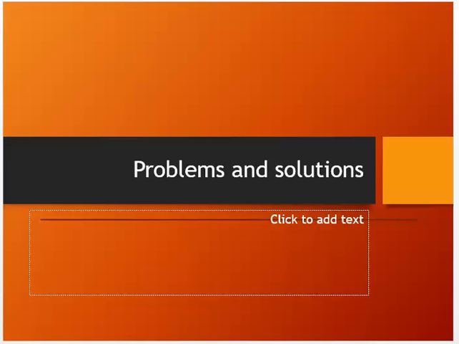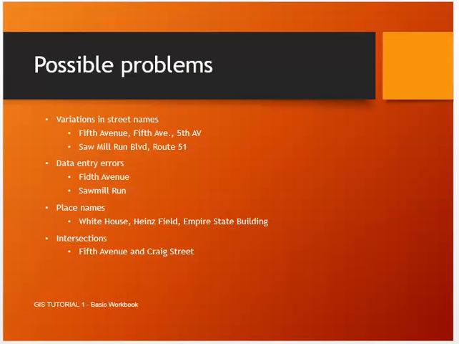So what kind of problems can we run into? And believe me, there are many. We might find different spellings, variations of street names, Fifth Avenue, Fifth Ave. Sometimes streets will have a name and then a route number. We might have misspellings.